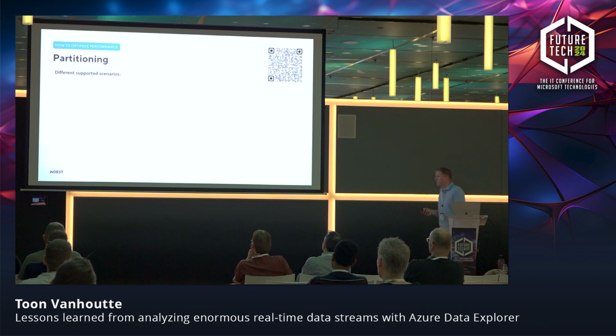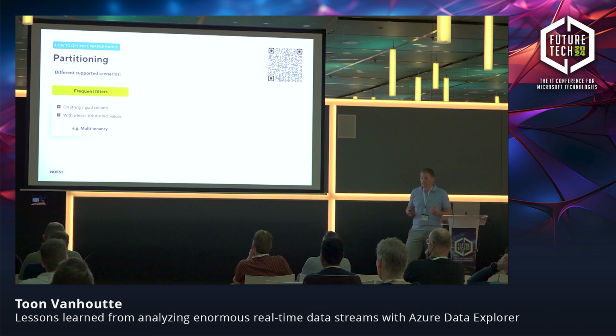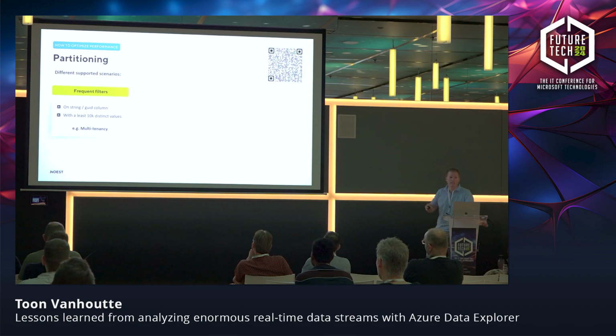Partitioning, like with any big data platform, is important. There's quite some advice from Microsoft about it, and they say that they actually support 3 scenarios. The first one is if you have frequent filters, if a lot of your queries constantly contain the same filter. A typical example would be where tenant ID equals or where factory ID equals.